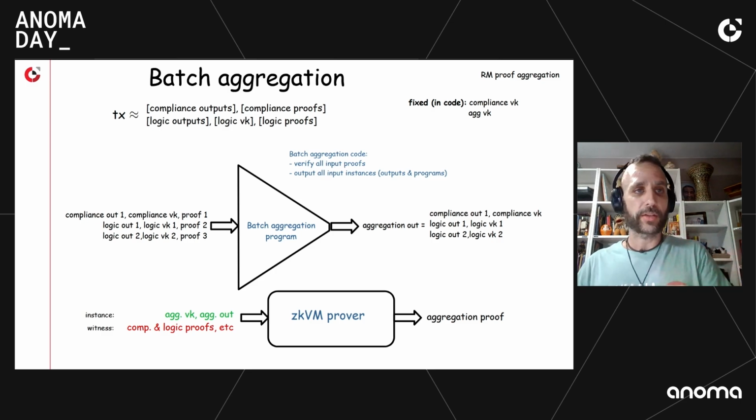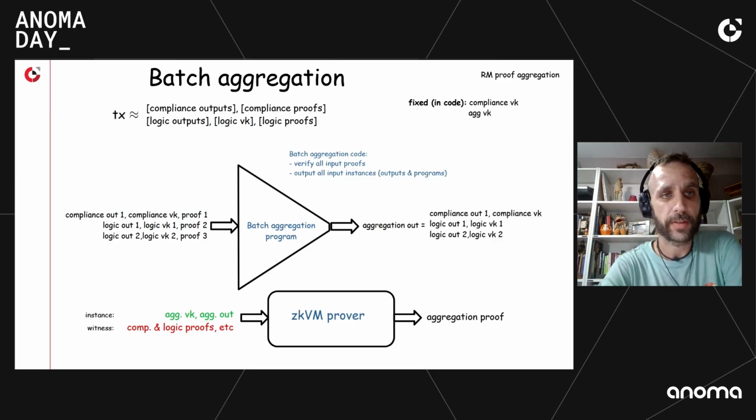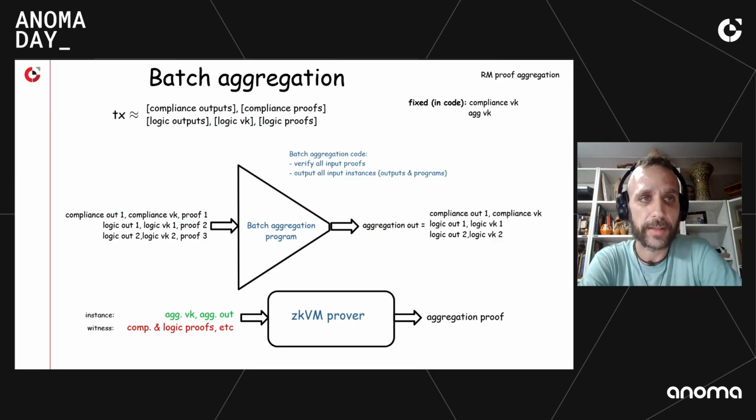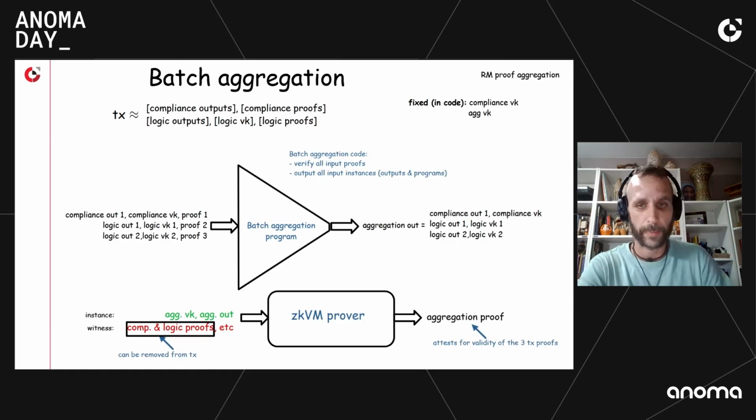Then once we run the aggregation program, we generate the computational trace, and this can be passed to the CKVM prover, who generates a proof attesting to the validity of this computational trace. So this proof is basically the aggregation proof that attests to the validity of the three input proofs.